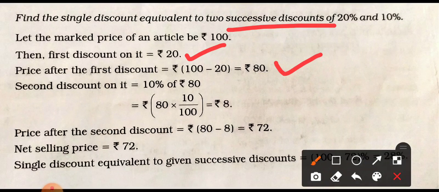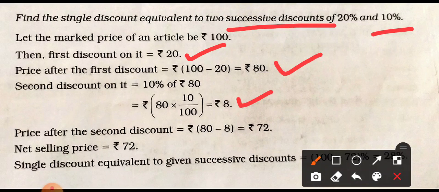Therefore the shopkeeper allows the next discount, that is 10%. So we have to calculate the second discount, that is 10% on rupees 80, the new mark price. After calculating the second discount, I got rupees 8. Rupees 8 is the second discount which the shopkeeper gives.